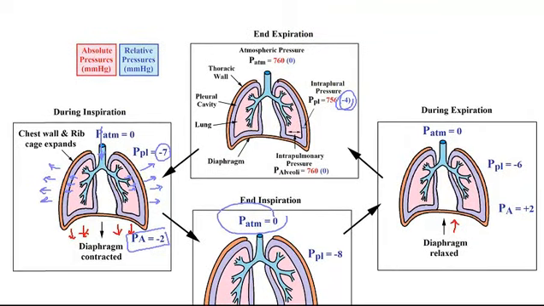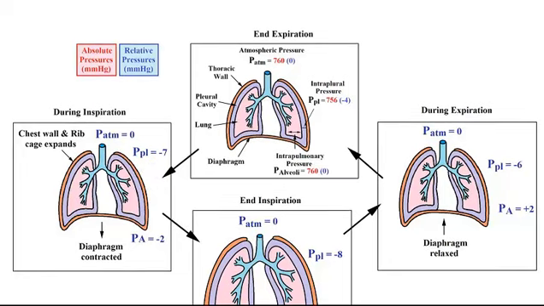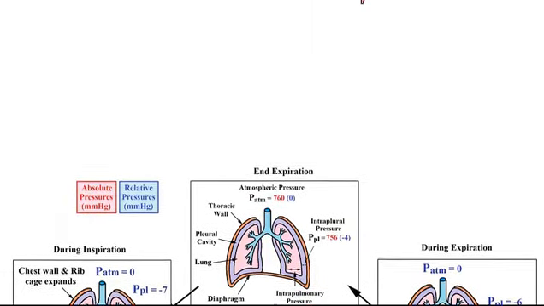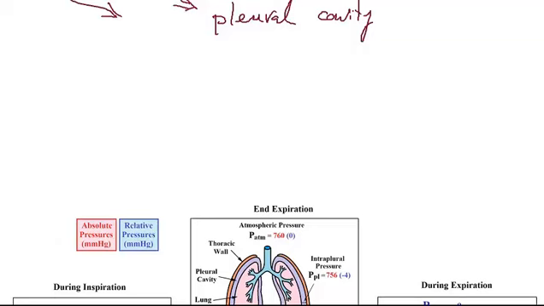You can pause the video and go over all the pressure changes if you need to. But one last concept that I would like to discuss here with you is the different muscles that are involved in forced inspiration or forced expiration.